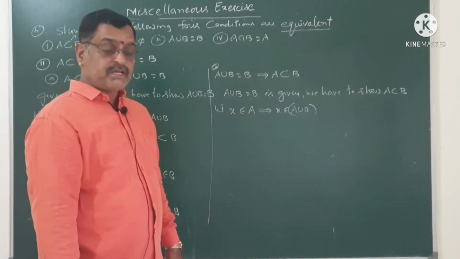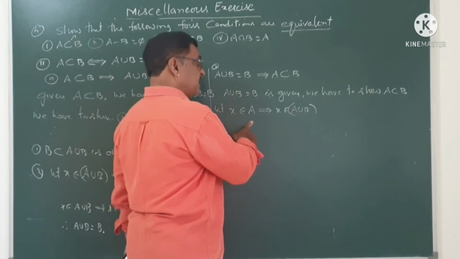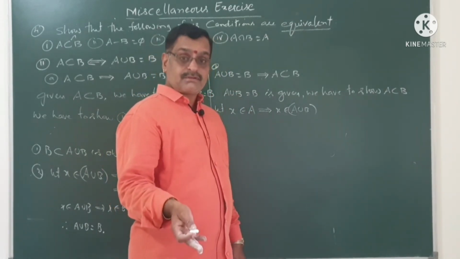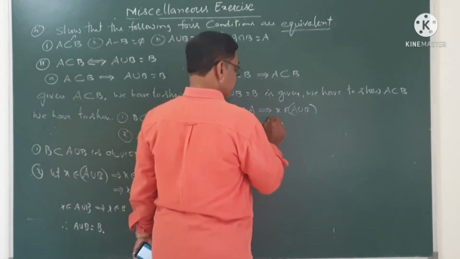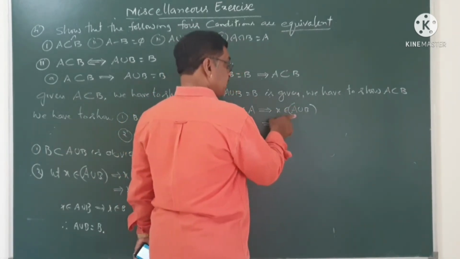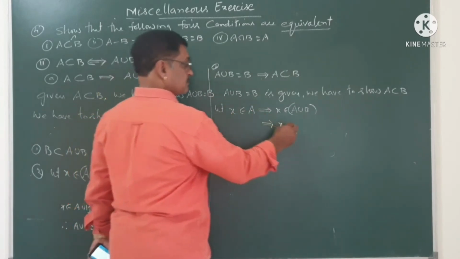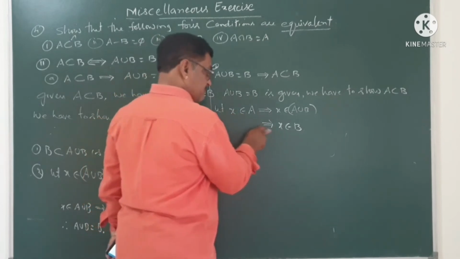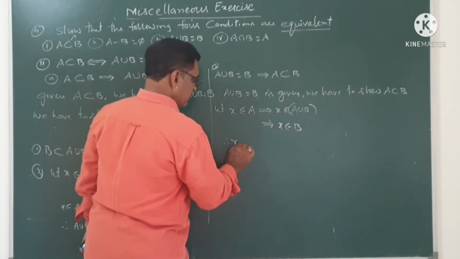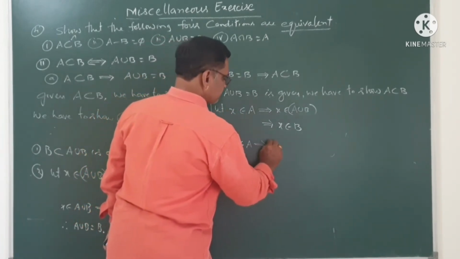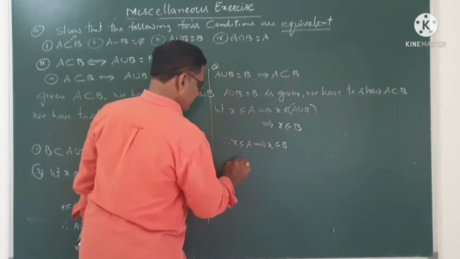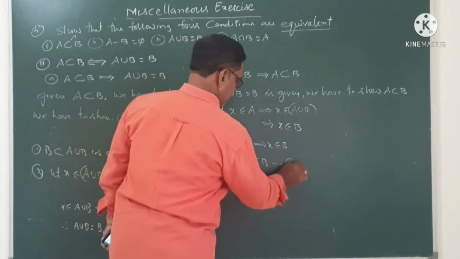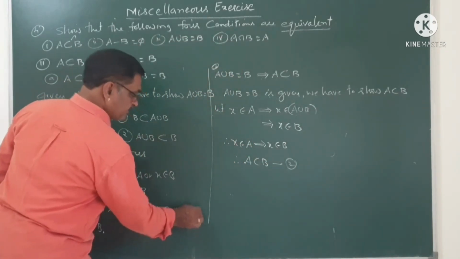A is a subset of A union B. Therefore, if you take an element in A, it automatically belongs to A union any other set. This implies X belongs to A union B, but A union B is given as B. So we got X belongs to A implies X belongs to B. Therefore, A is a subset of B. This is number 2, this is number 1.